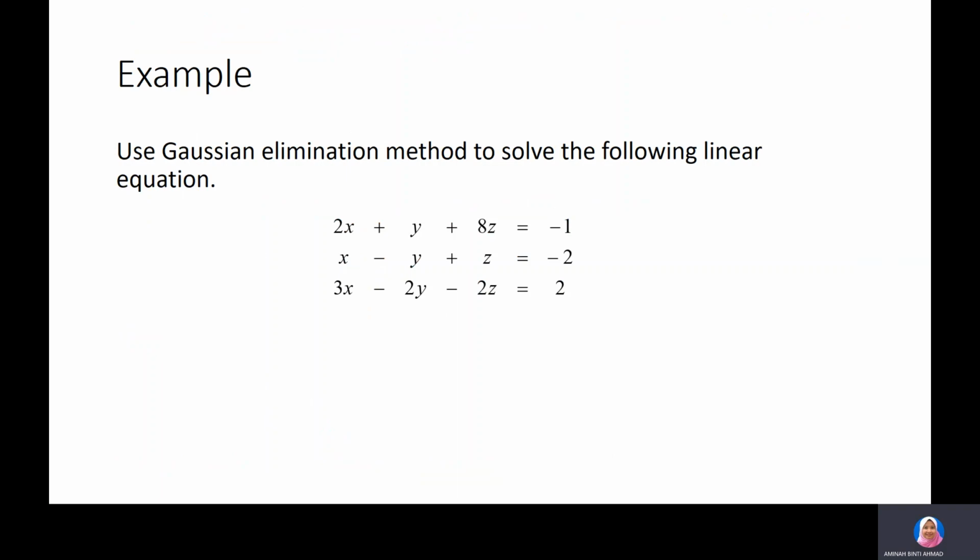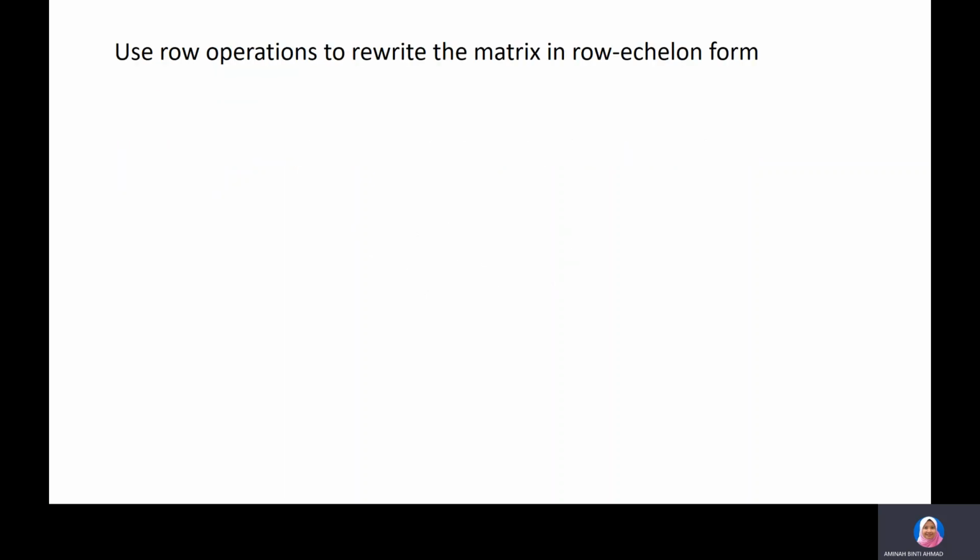In the next example, we again use the Gauss elimination method and also back substitution. First we use row operations to rewrite the system as an augmented matrix. So you get an augmented matrix.